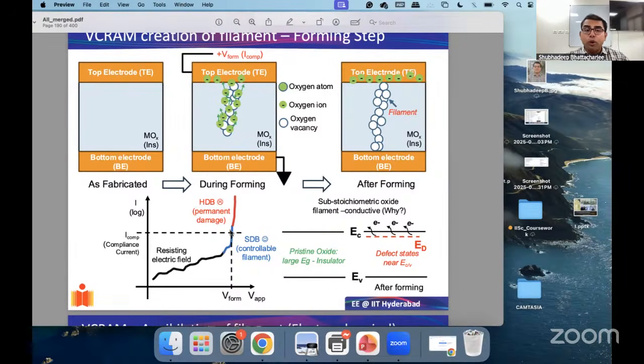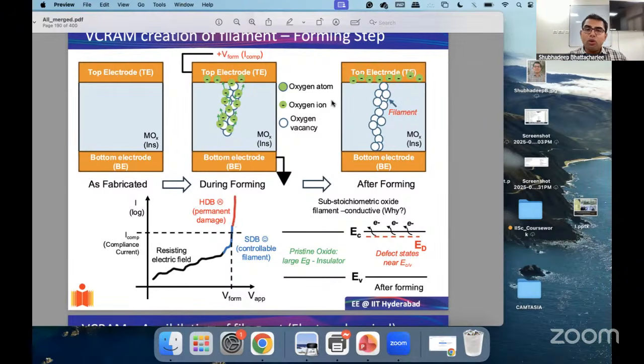Because what will happen is, if you allow this process to happen without stopping it, what is the meaning of stopping this process? You set your external measurement protocol such that the moment this particular compliance current is hit, your voltage to the system is cut off. If you don't do that and you keep applying more voltage, it will result in a hard dielectric breakdown.